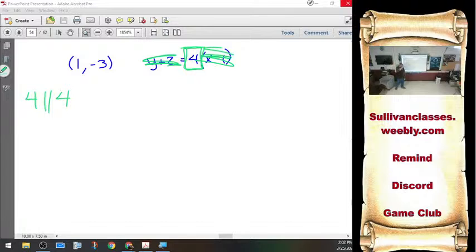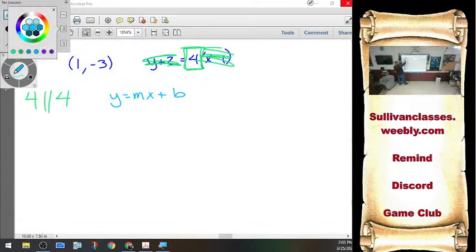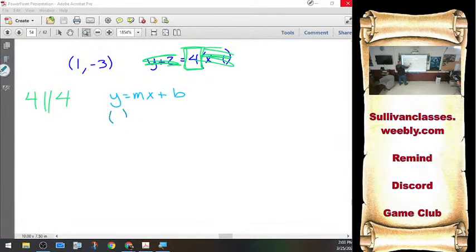Now, Matt, you're the one who's asking this. Do you prefer to put it in point slope form and rearrange, or put it into y equals mx plus b, and then put them together at the end? Okay, so you're the one asking, so we're going to do it your way. So I'd say y equals mx plus b. And I know a y, negative 3. Now I know my m.